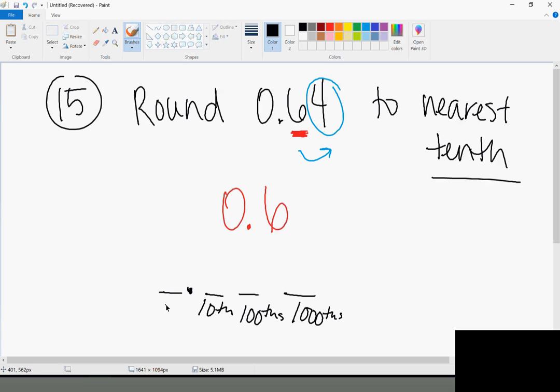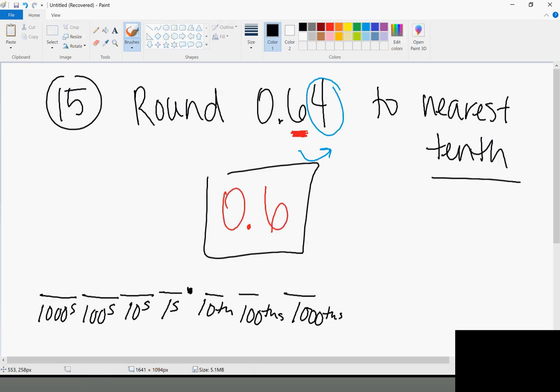And then from the left, we would have 1, 10, 100, 1,000. So I'm using shorthand here, but the main thing is to be familiar with these place values. And then you always look to the right to determine how you round that certain place value. If it's 0 through 4, you keep it the same. If it's 5 and up, you round up. So that's your answer here, 0.6.